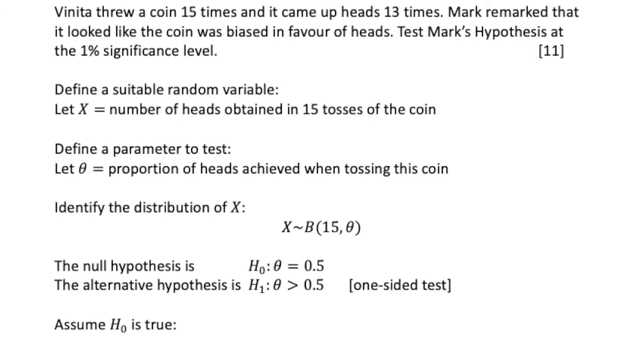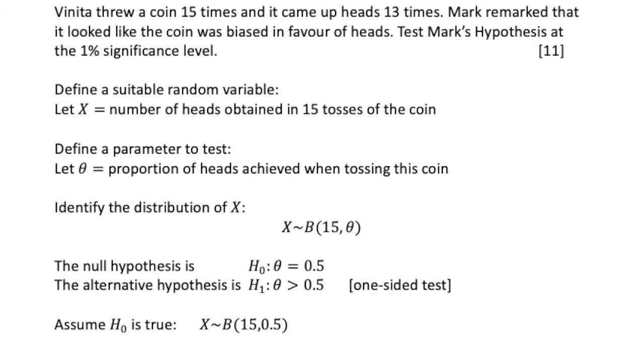Note that we never assume the alternative hypothesis is true. The assumption at this point is always that the null hypothesis is true. So in that case, rather conveniently, we now have a specified distribution for x. We are assuming that x is binomially distributed with parameters 15 and 0.5.